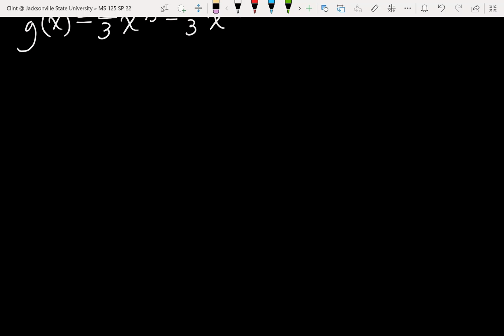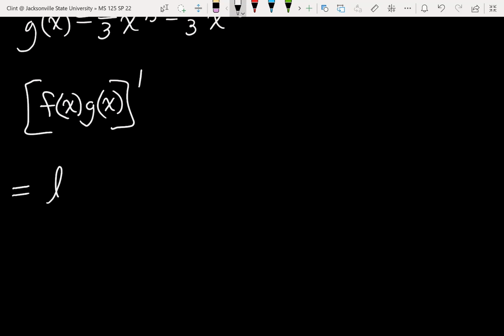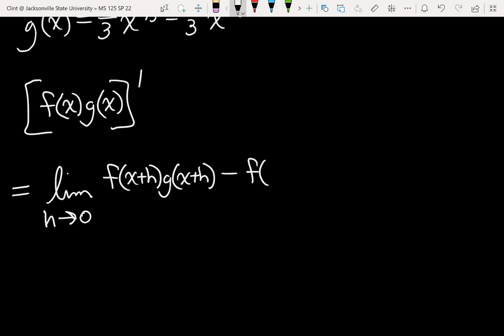So by the limit definition of a derivative, what we would have to find is f of x plus h times g of x plus h, minus f of x g of x, all over h.